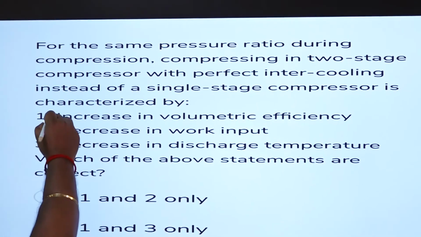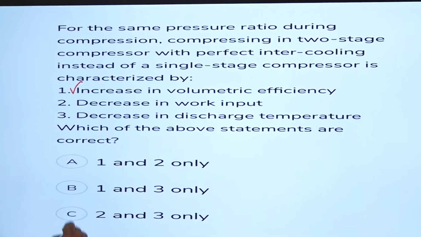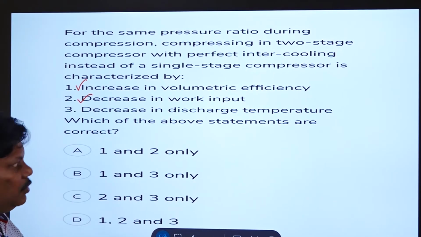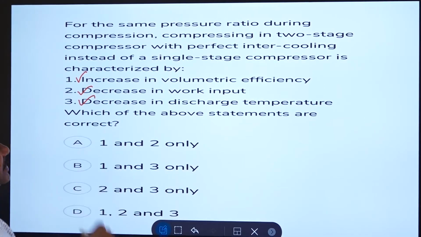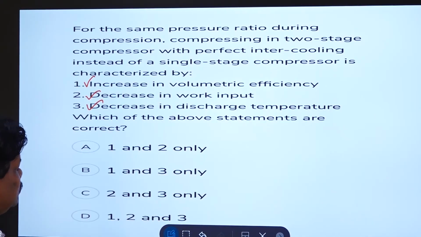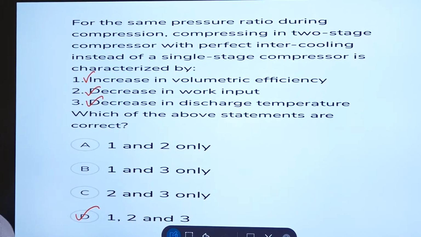Volumetric efficiency will increase when you go for two-stage, yes. Work input, yes, we are trying to reduce the work input. And the discharge temperature is reduced, yes. So the answer is D, all three are right: 1, 2 and 3.